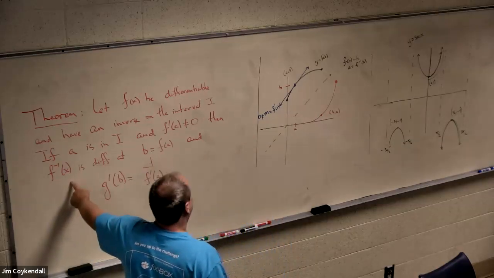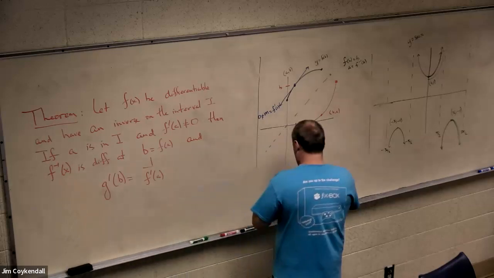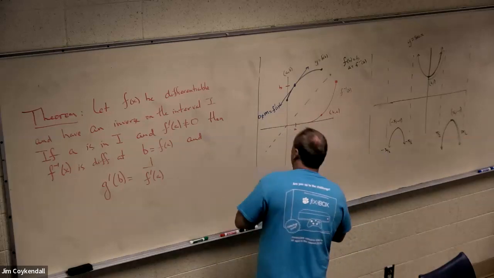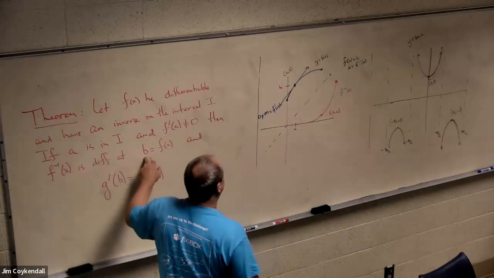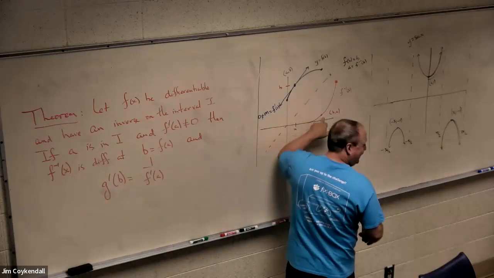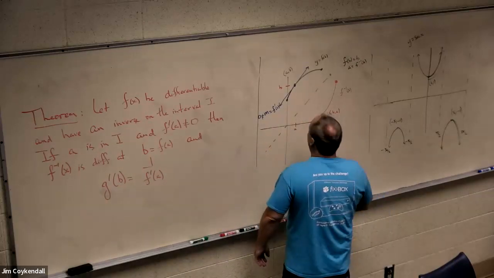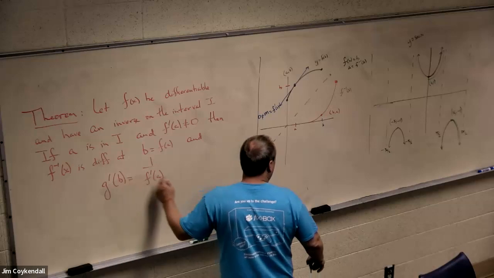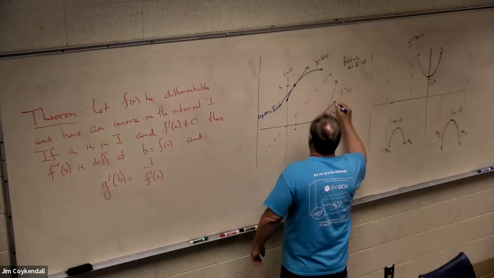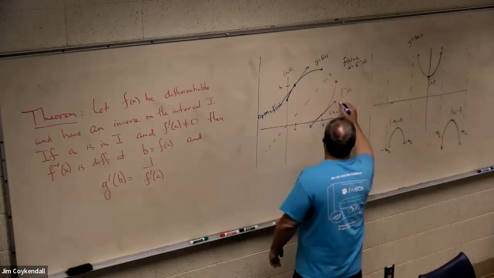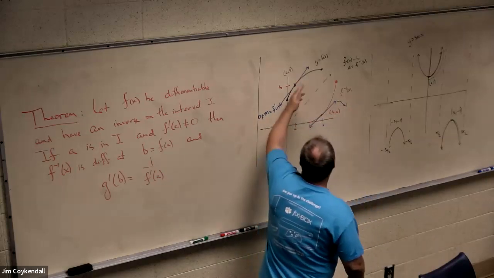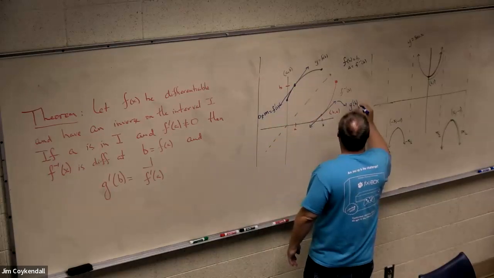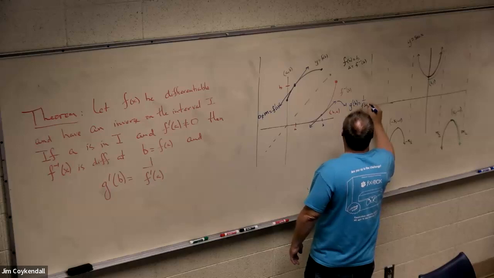What this says is the inverse function, this one here in red, is differentiable at b. So it's differentiable right here, and the slope of the tangent here is, unfortunately I drew this using a slope of 1, but g prime of b is 1 over f prime of a.